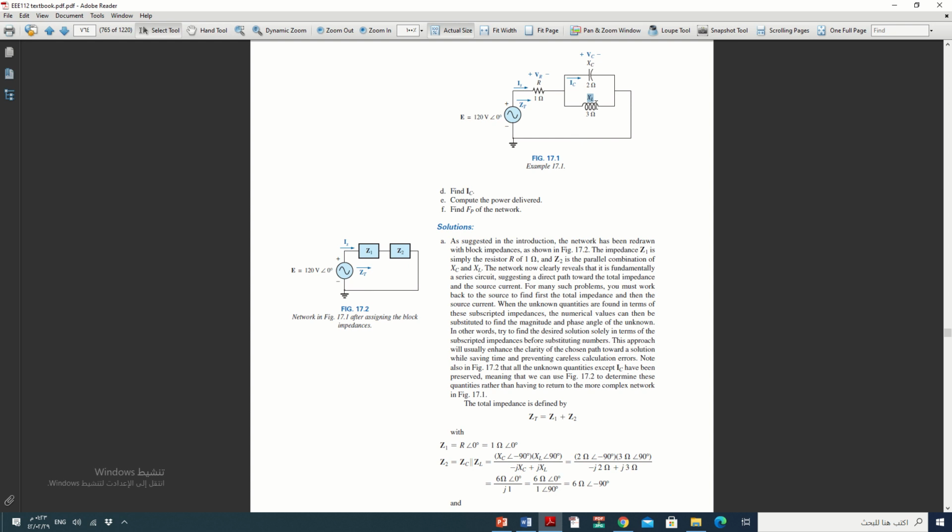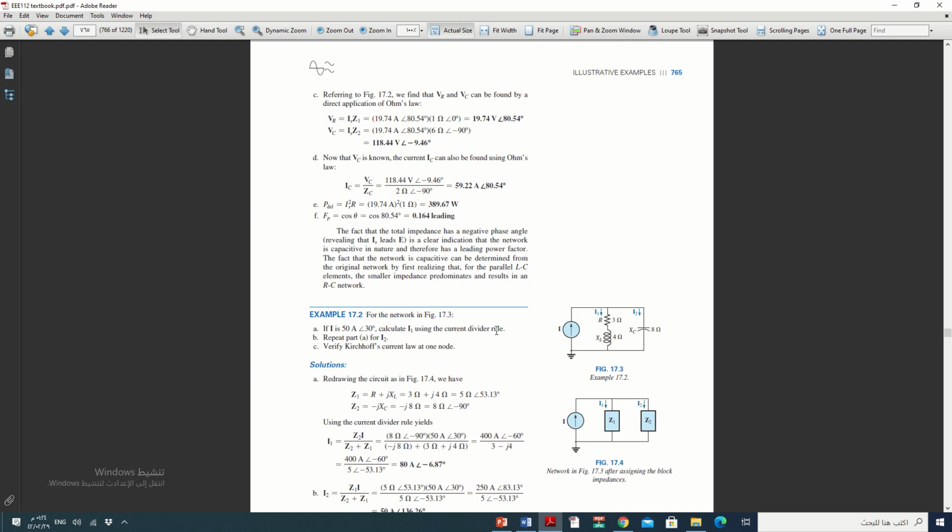Why? Because in parallel the voltages are equal. Now IS by Z1, you will get this answer. IS by Z2, you will get VC, which is 118 with angle -9.